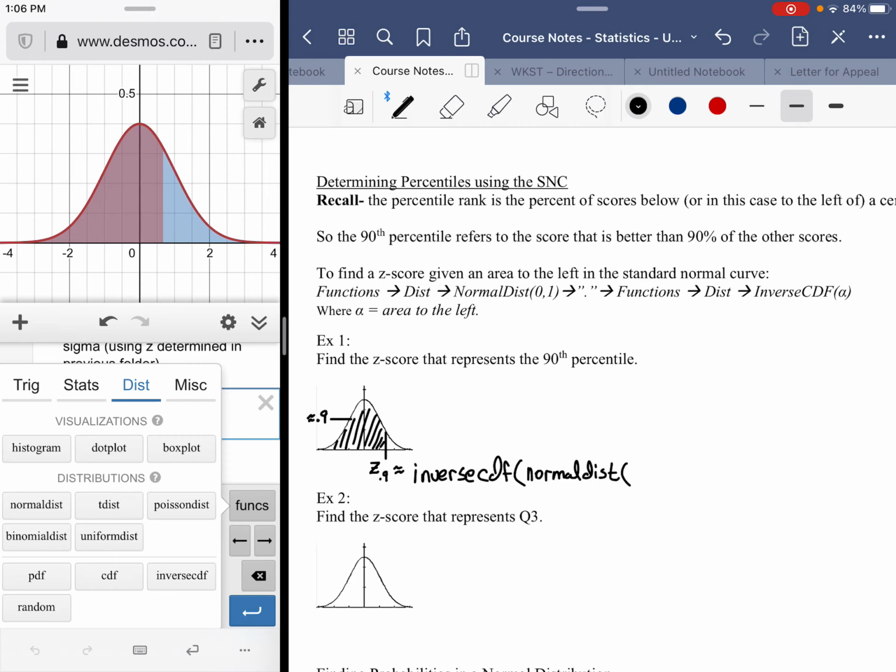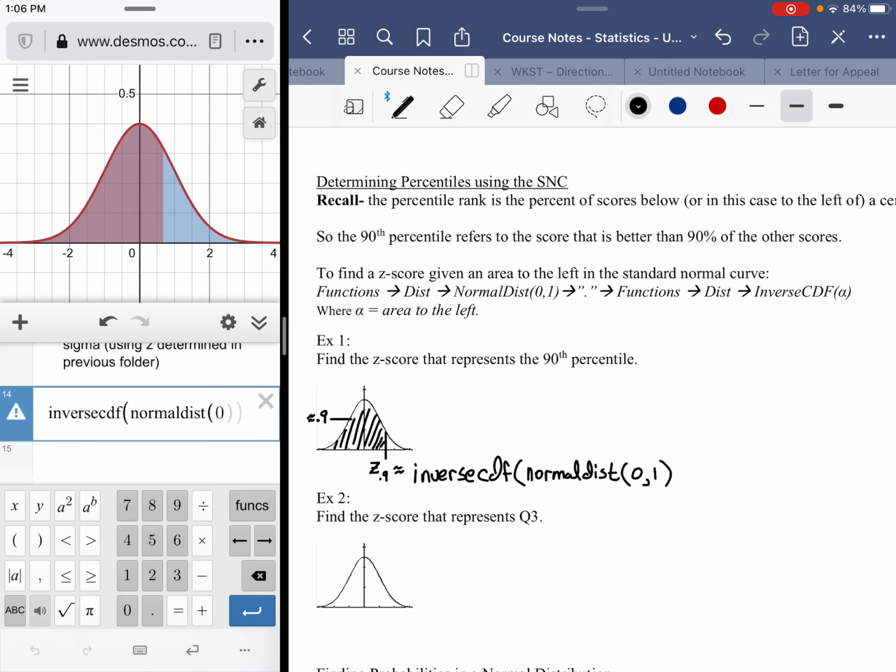All right. Now this is a standard normal distribution, so 0, 1. All right. So I'm going to tap on that, type in the 0, 1, close that up, and then put in a comma and the area to the left. All right.